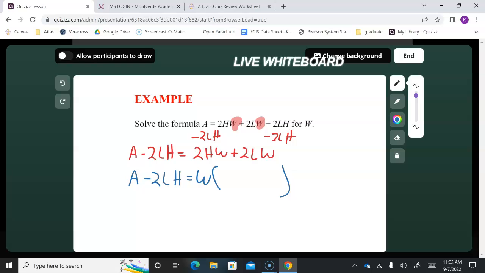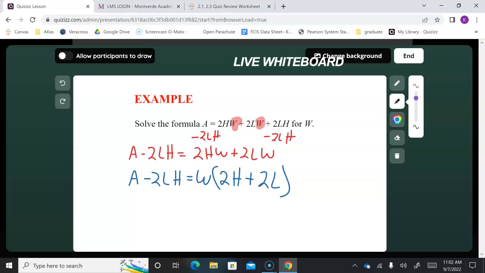So think, if I did W times what, would I get 2HW? 2H. And then same with 2L. So I undid the distributive property, which is what factoring is. I factored out that common factor of W, so instead of having 2, now I have 1.